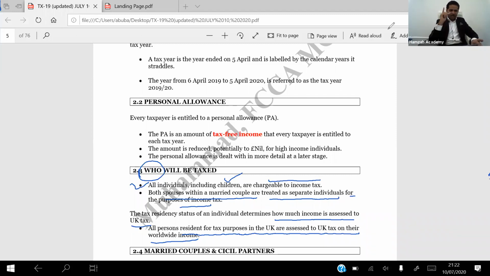Very good question. How can a child pay tax considering he does not have any bank account? It is not mandatory to have a bank account. Nobody in this world can ask you to have a bank account. Having a bank account is merely a system requirement, not a legal requirement.